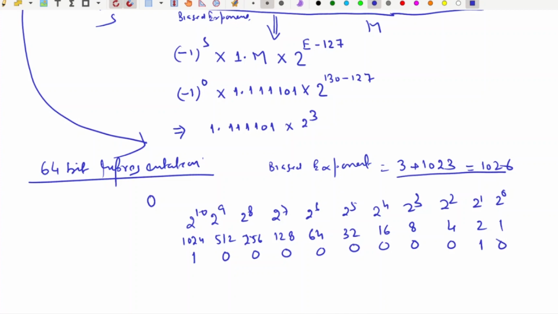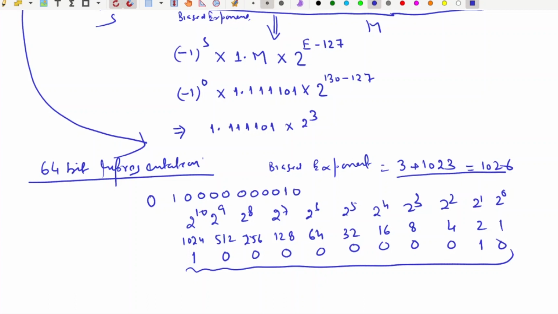So the 11-bit exponent is represented by these bits. The first bit is 0, then the next 11 bits represent the biased exponent: 1, 0, 0, 0, 0, 0, 0, 0, 0, 1, 0. And then the rest 52 bits are used to represent the mantissa.